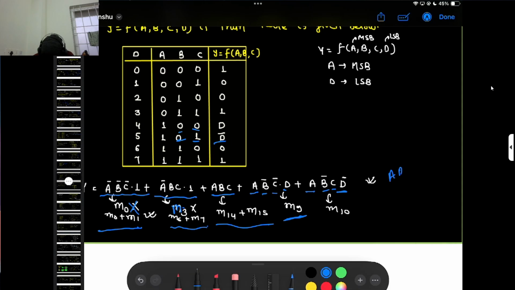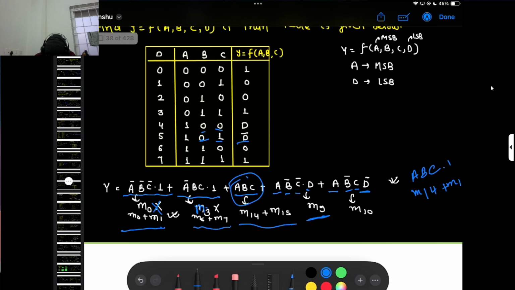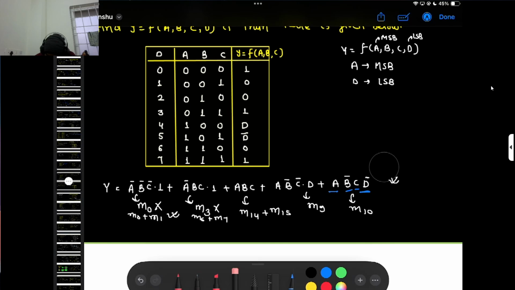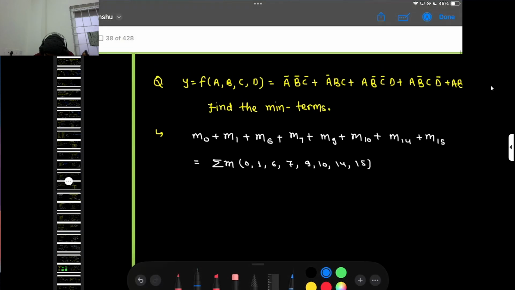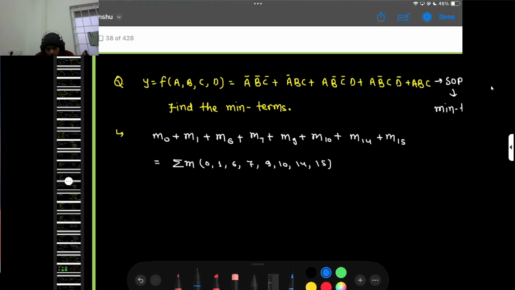Here I think this term ABC and 1. So it can be D bar and D. So if it is D, then M14, M15 plus. Oh, this term is already written here. Okay. So this is the term we got from previous.